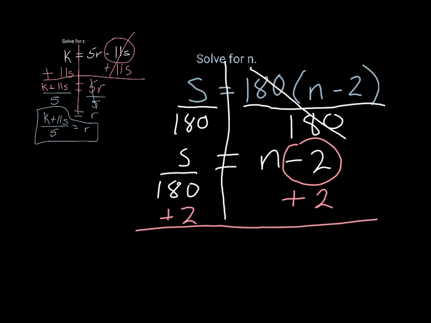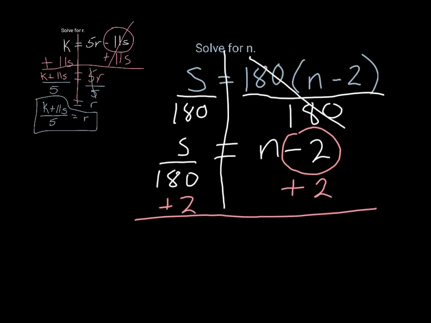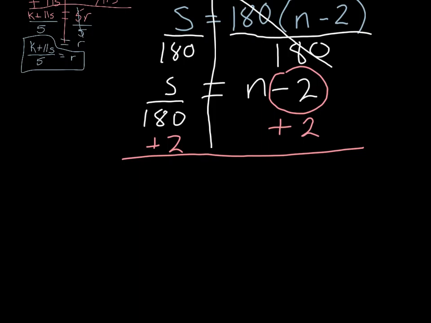Let me give me some space right here, move it up a little bit. So what I'm going to end up with is n on the right hand side, n all by itself right there. And on the left side, there are no like terms. This is s divided by 180 being added by 2.